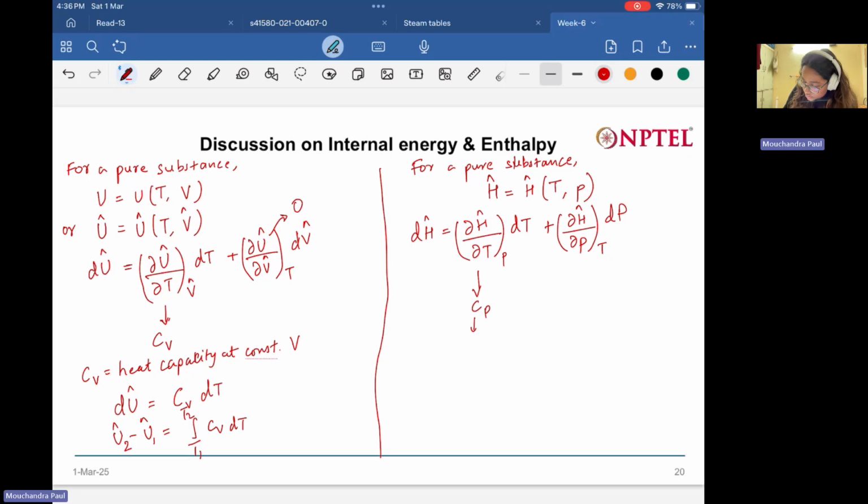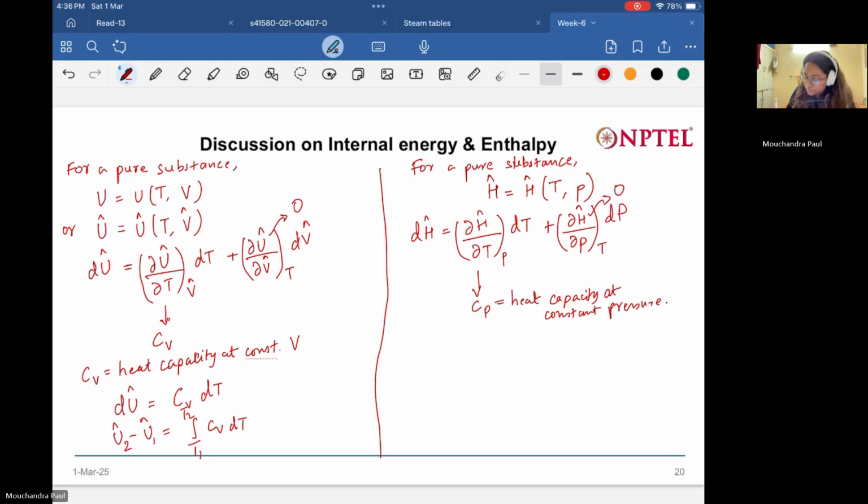And the second term is considered zero at low pressures.